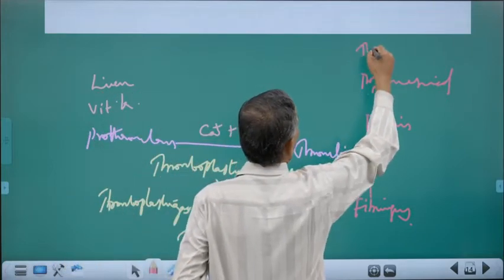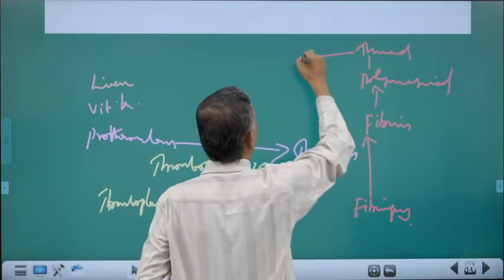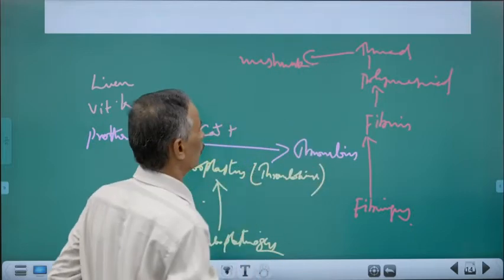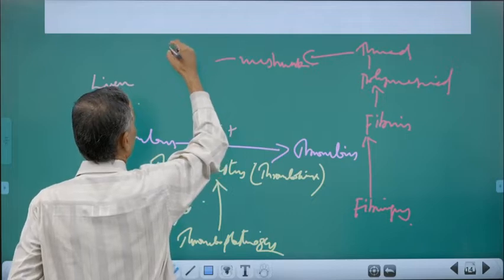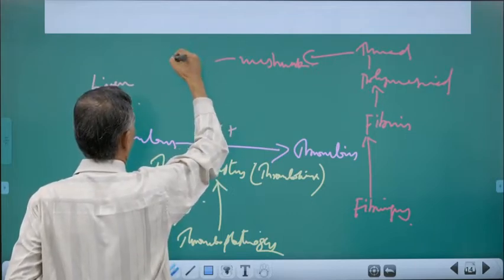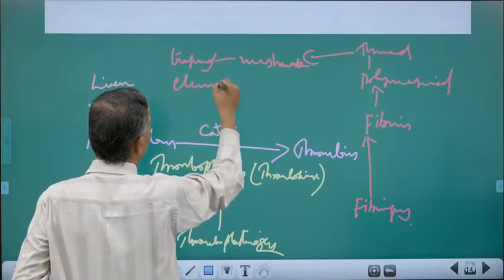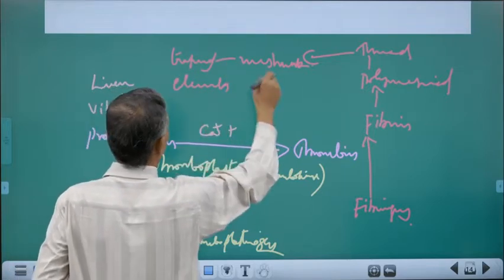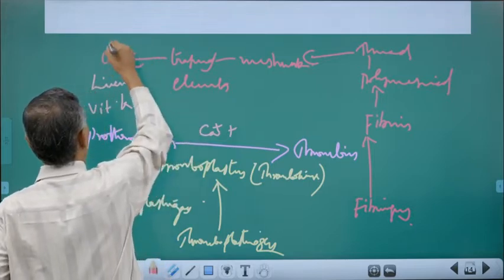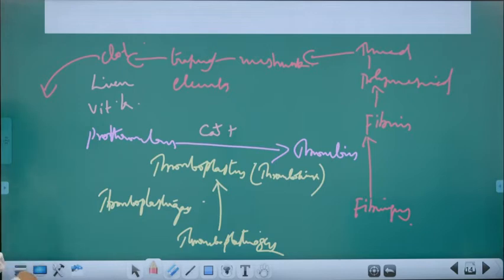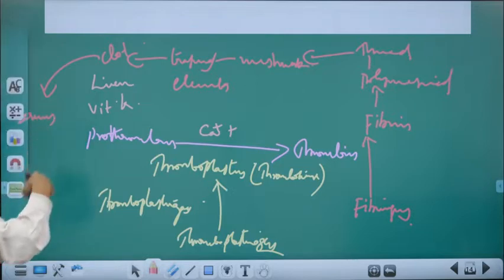These fibrin threads form a meshwork, a network at the site of the wound, in which formed elements are trapped. Trapped elements plus meshwork form what is called a clot. After the clot, what remains in the plasma may be oozing for some time. That's called serum.